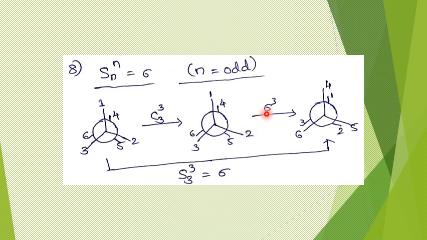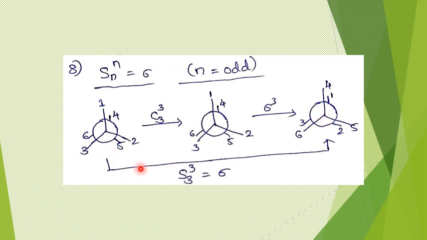If we take sigma^3, that is equal to sigma according to the previous relationship. So if we perform sigma once, the fourth atom takes this position and the first atom goes back. Similarly 2 and 5 exchange their position, and 3 and 6 exchange their position. So what we get is that the back carbon atom comes to the front and the front carbon atom goes to the back. So this orientation we get.